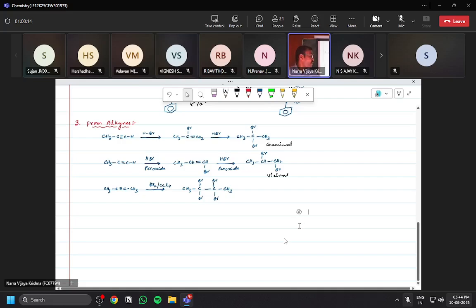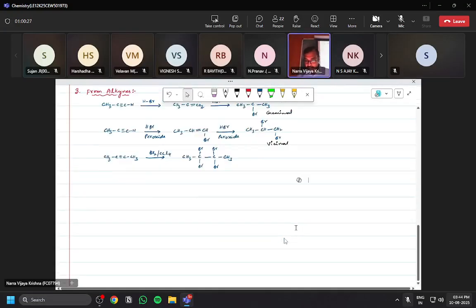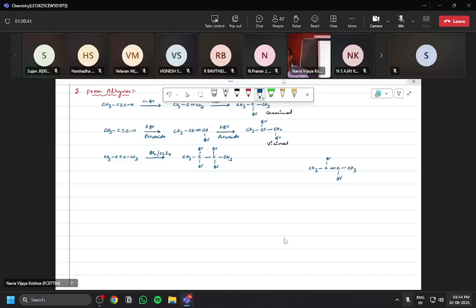After adding one, you will have a second double bond also. Total 2 pi bonds. First pi bond is gone, we will add 2 bromines. Then what will I get? CH3, C, 1 Br above the plane, 1 Br below, anti-addition. The reaction will not stop here, because if you provide excess Br2, the reaction proceeds further.